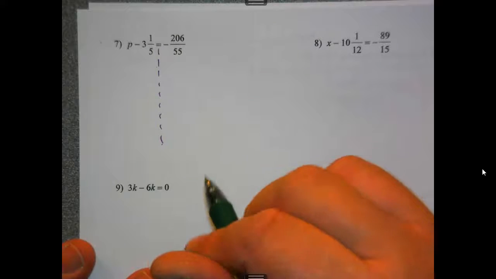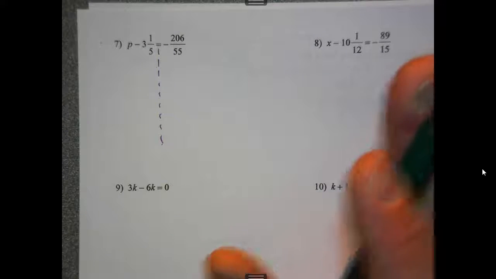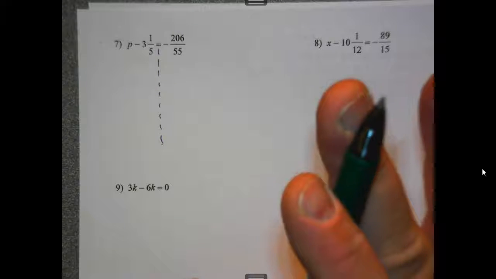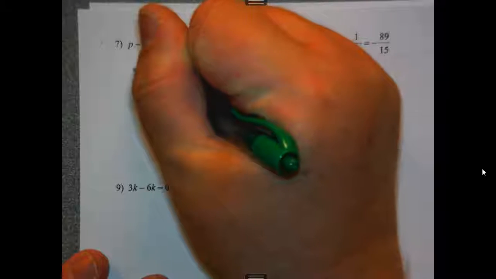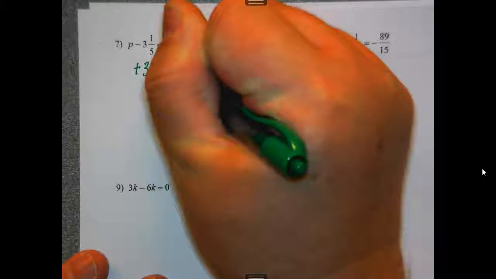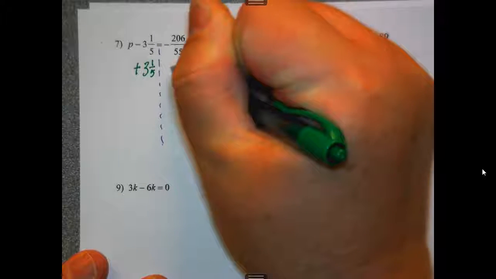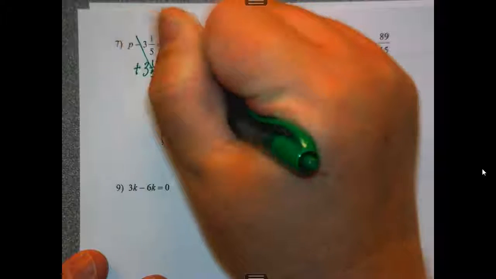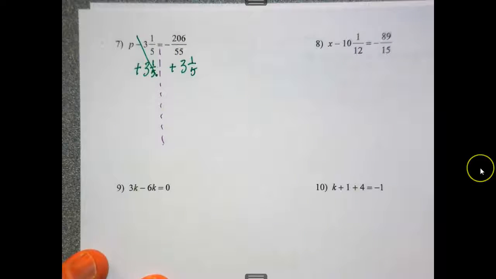Now, again, this looks really bad, but it's all a matter of putting it into your calculator. Okay? We're going to add 3 1/5 to both sides, because it's going to cancel that out. I'm going to get my p.